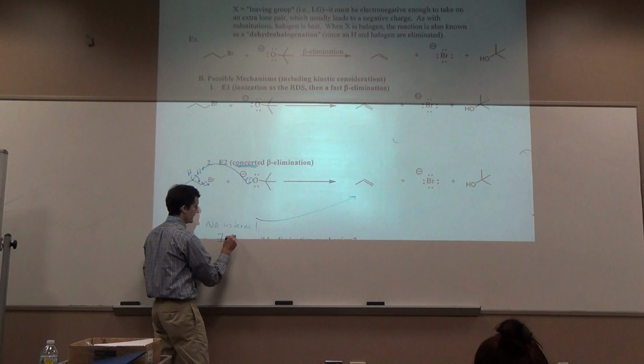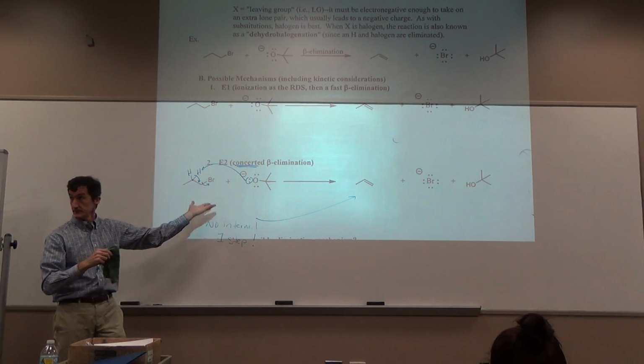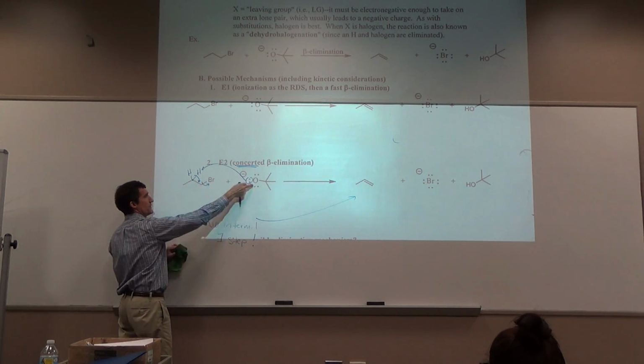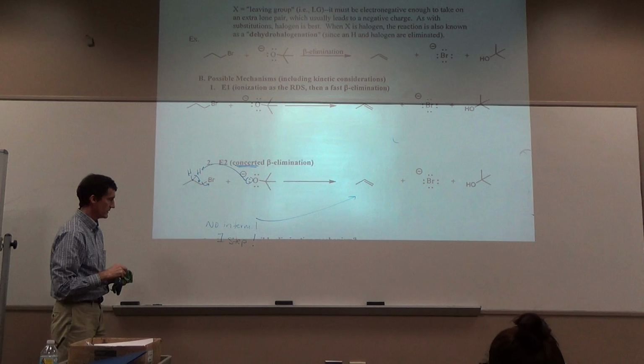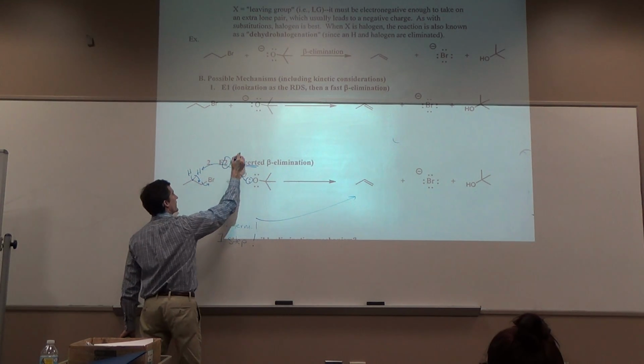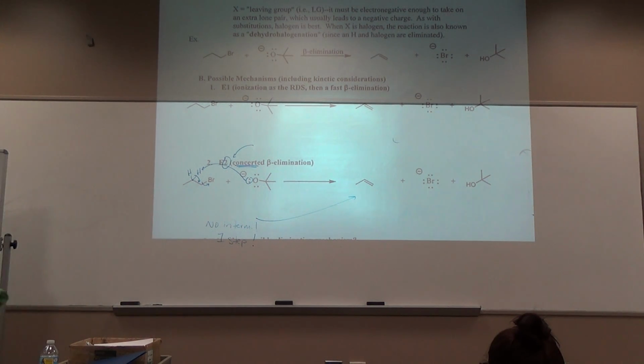One step. Which is the rate determining? That one. Are these both involved in the rate determining step? Yes. So that's why it's called E2. They're both involved. It's only one step. They have to be both involved.